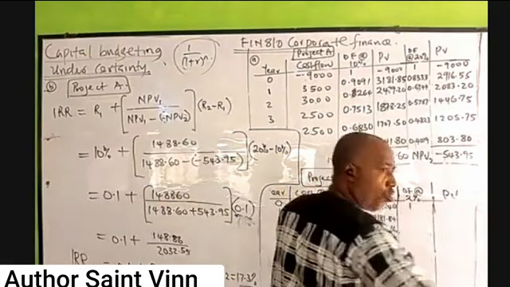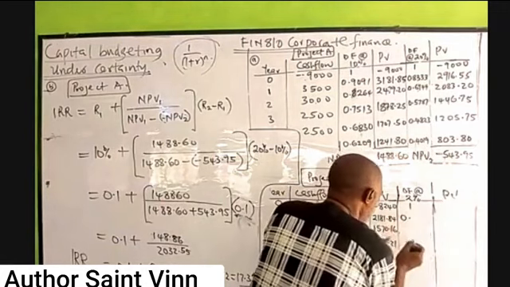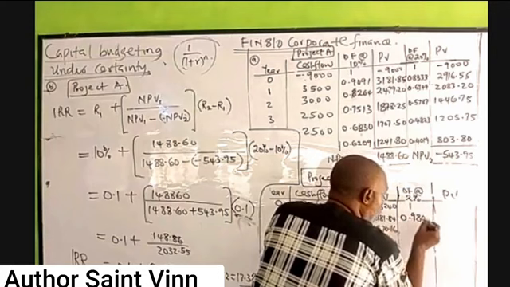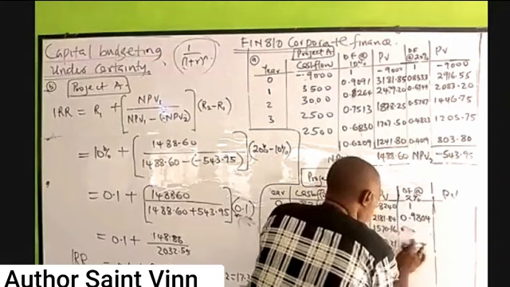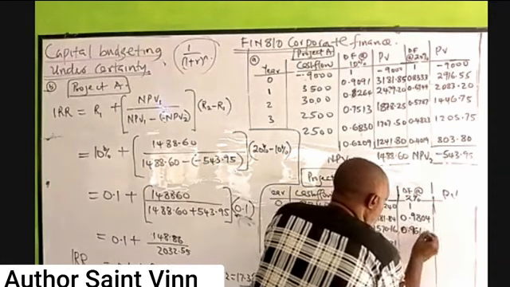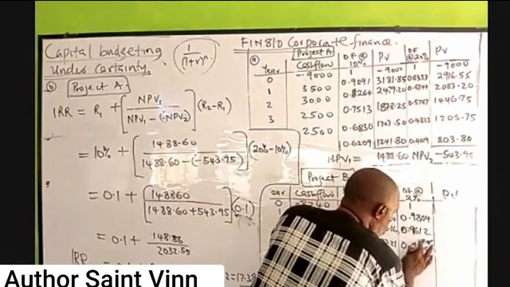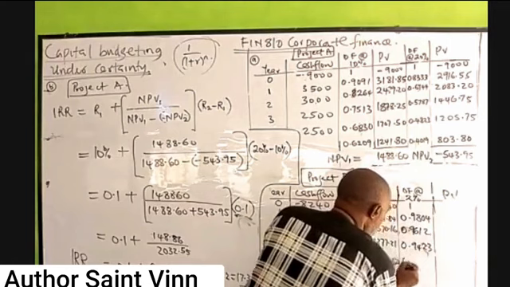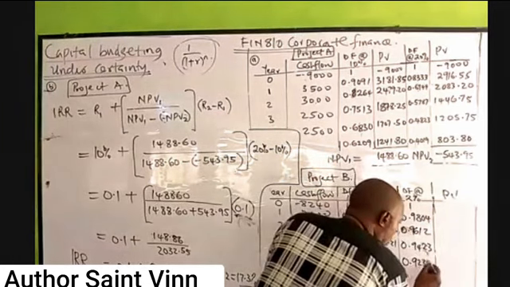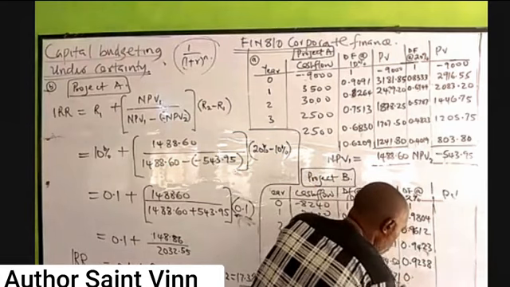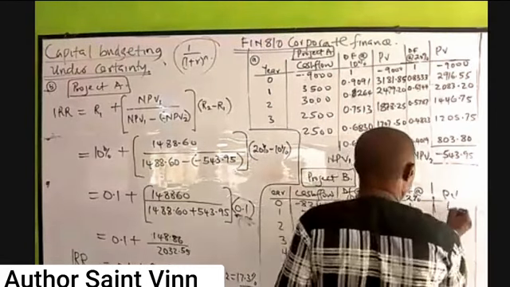So those who did 2%, 104. 0.980, 0.9612, 0.9423, 0.9238, 0.905.